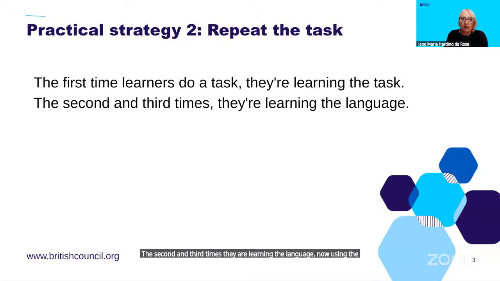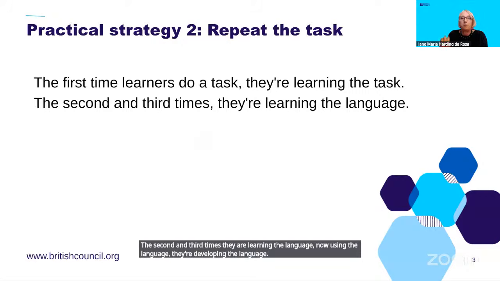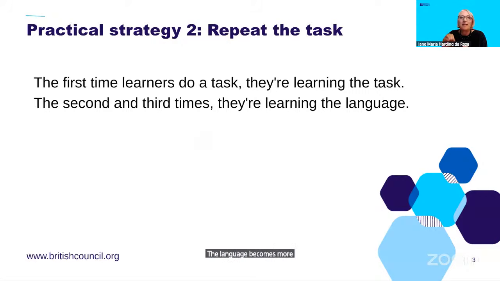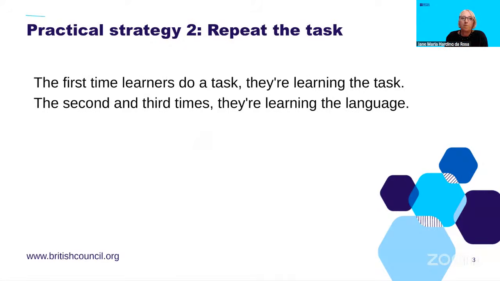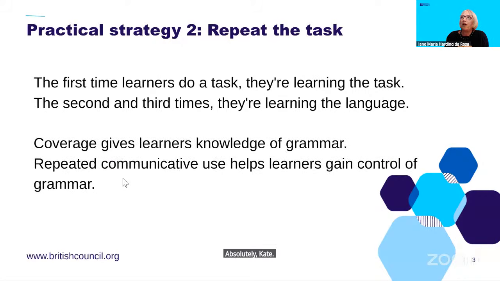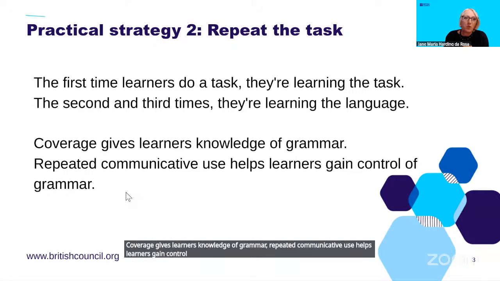They're developing the language. The language becomes more accurate, fluent, detailed, and they become more confident. Absolutely key. So in the books, coverage gives learners knowledge of grammar. Repeated communicative use helps learners gain control. That's what we've just said.